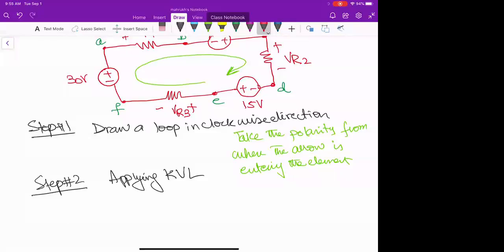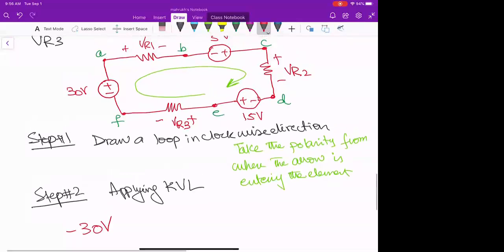If I write this, I will start from 30 volts, right? The arrow is entering from which sign into the 30 volt? From the negative side. Yes, that's true. So it is entering from the negative side, right? So minus 30 volt I have written. Then VR1, what should be the polarity?